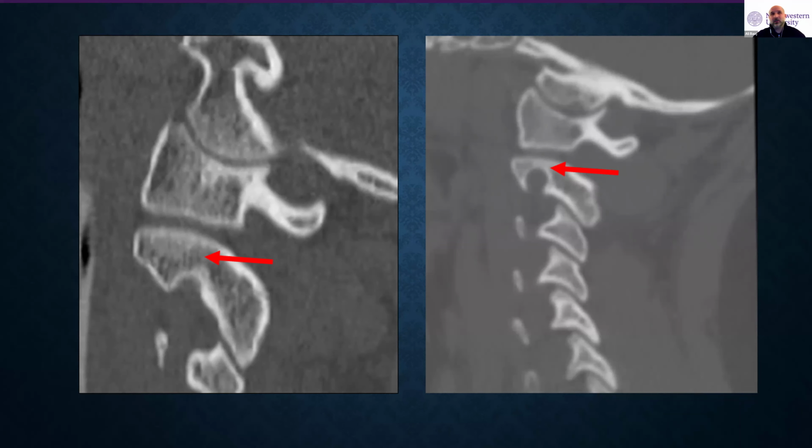Do I get CTs on every patient? No, I really don't, actually. A lot of times it's just an MRI and x-rays. But I still look at the parasagittal views to make sure that that vertebral artery is not high riding, because that limits the length of your pars or pedicle screw. So you've got to look at the vertebral artery anatomy very carefully.